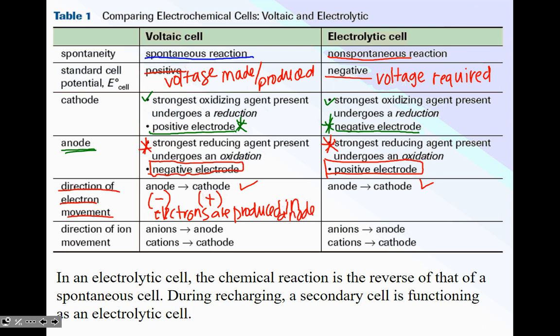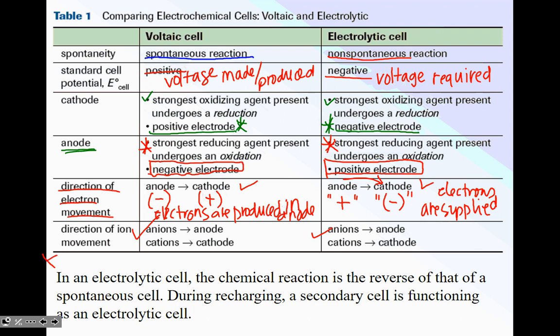Whereas here, your anode is positive and your cathode is negative. But it still goes from anode to cathode because electrons are supplied via a power supply. Direction of ion movement is exactly the same. Anions move to the anode, cations move to the cathode. That's the exact same in both.